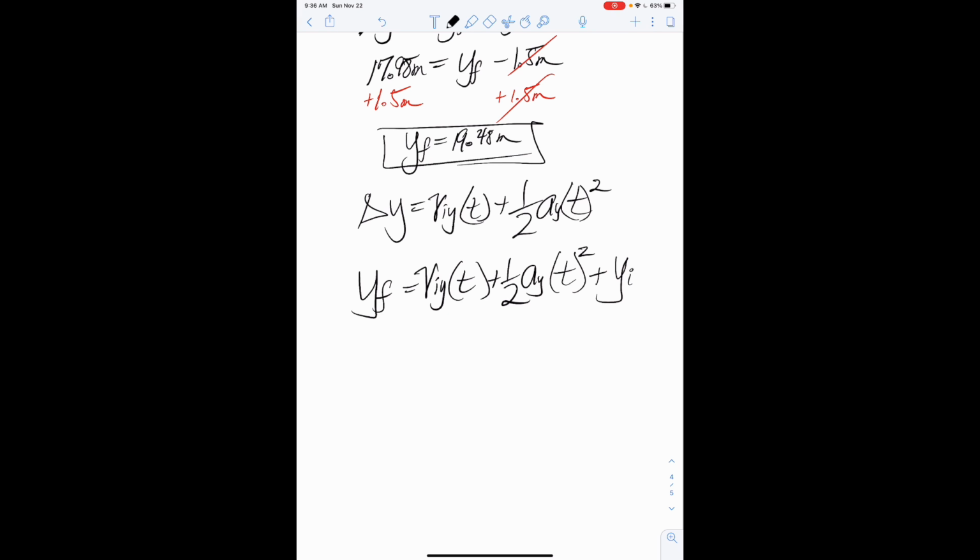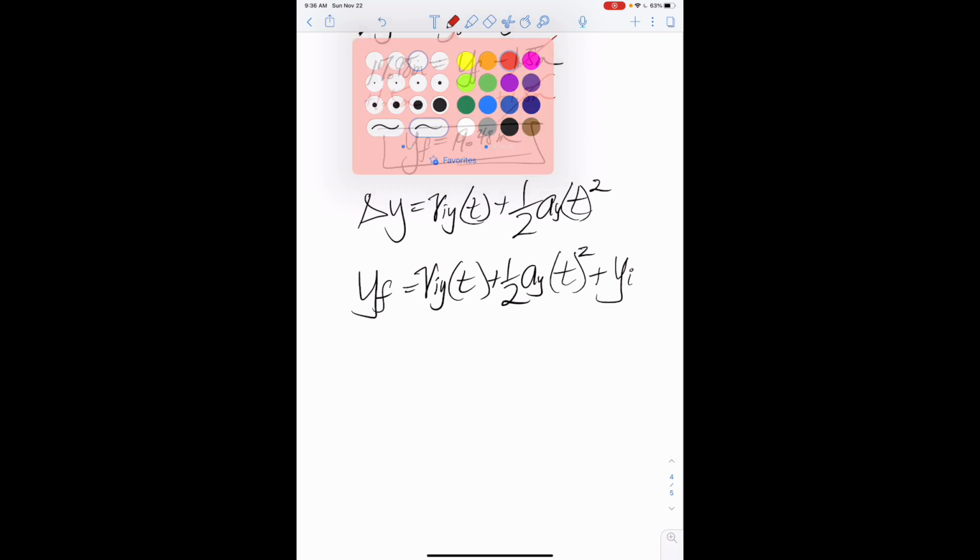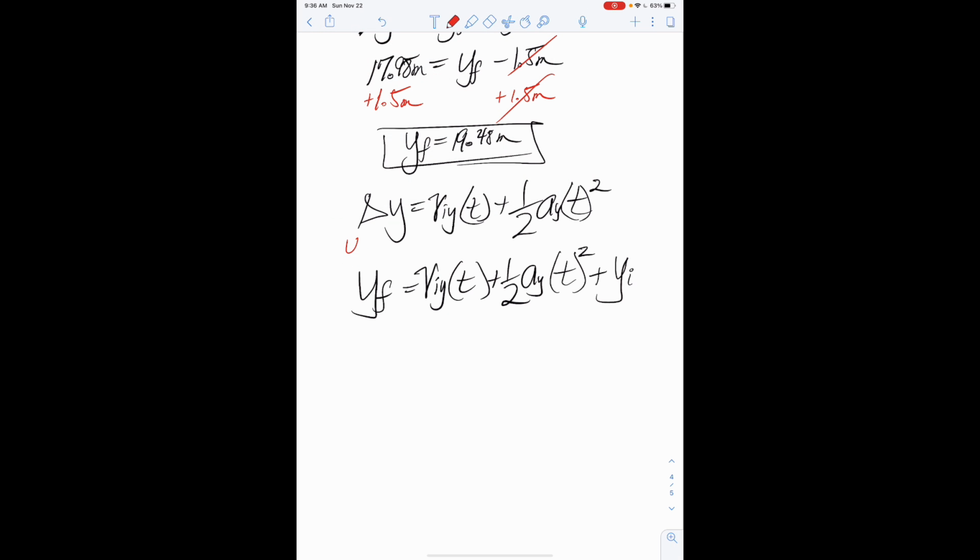Because what they did there is they split this delta y into yf minus yi, then they kicked this yi over to the other side. So over here you have plus yi, and it's solved for yf. So that is another way to write K2, another form of it that actually shows up on the formula sheet for the AP test.